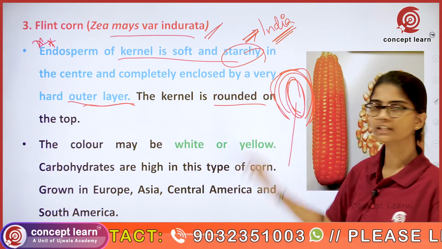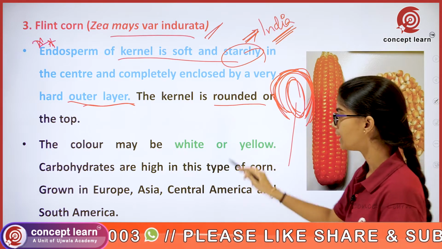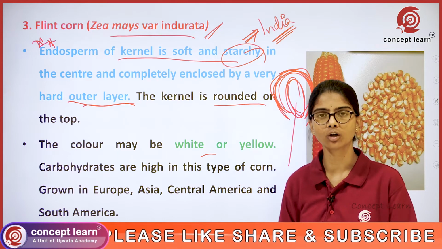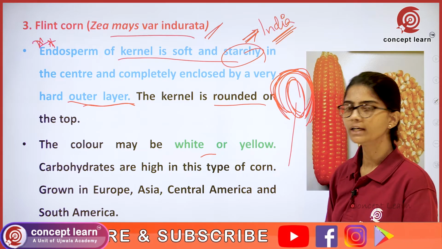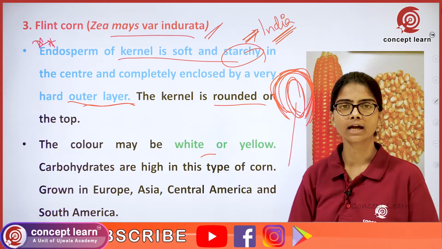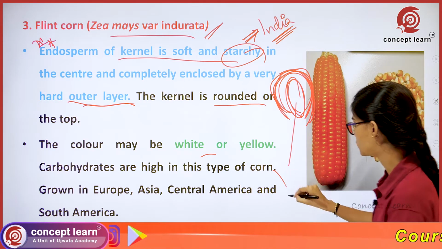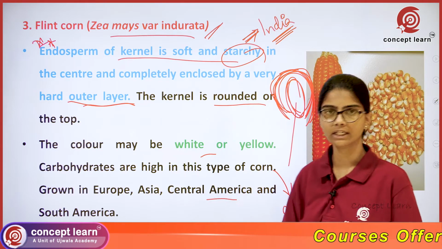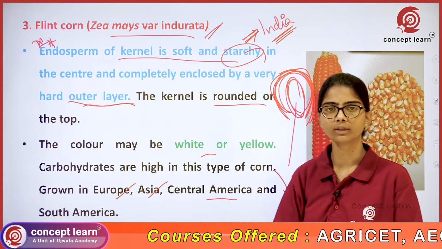The top of the kernel is rounded, and the color may range from white to yellow. It is high in carbohydrates, which is used for starch preparation, and it is mostly grown in Europe, Asia, Central America and South America.